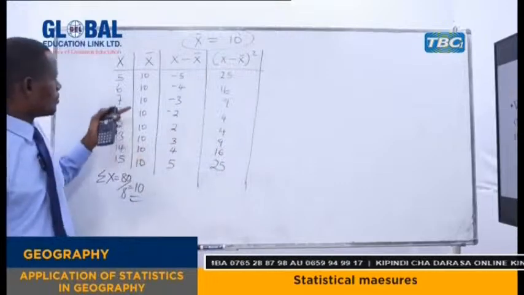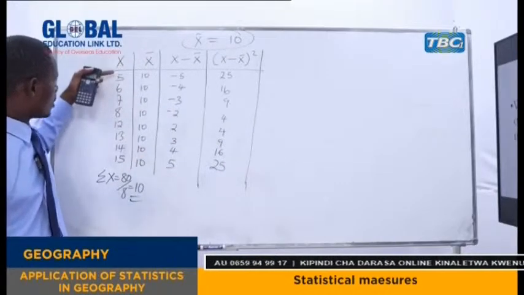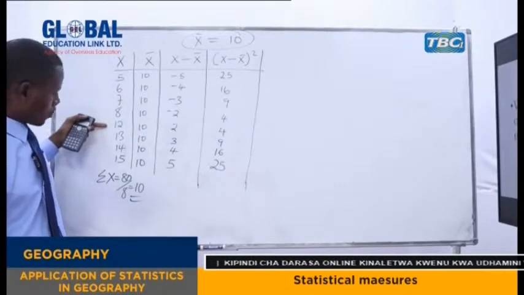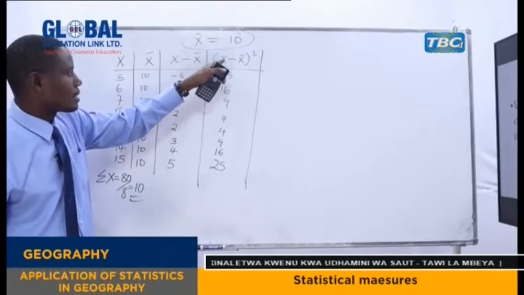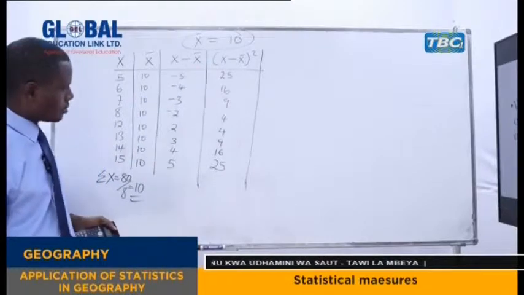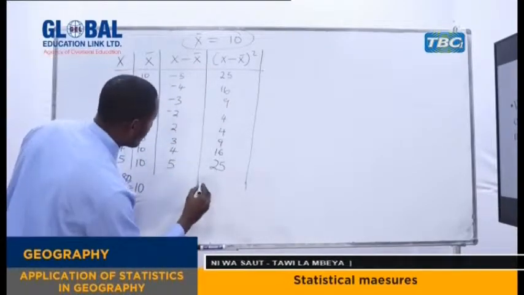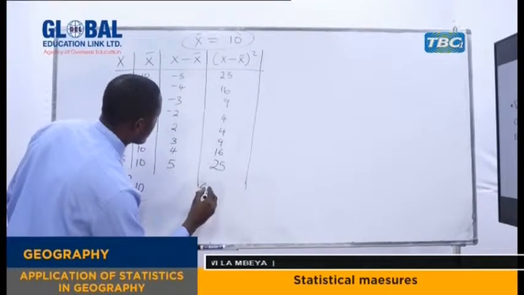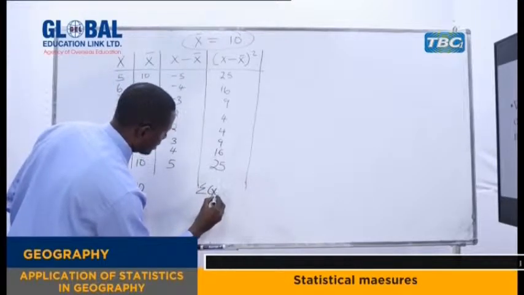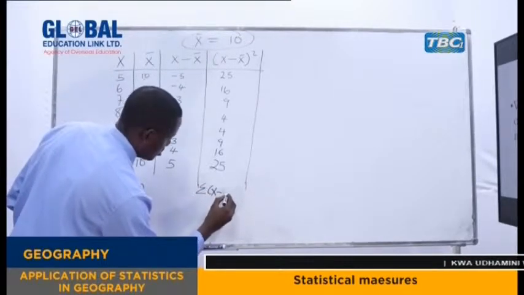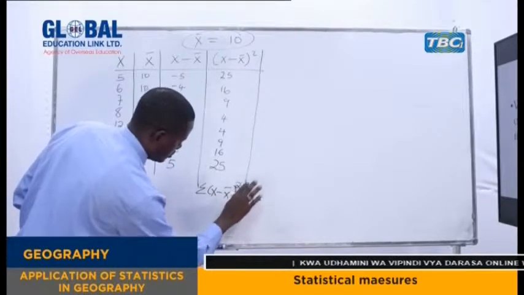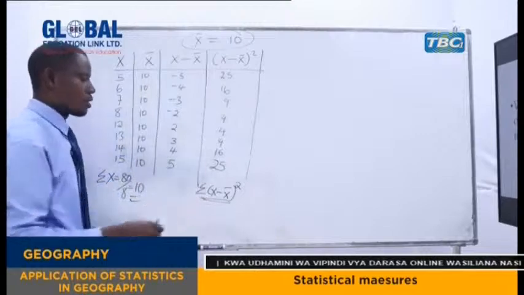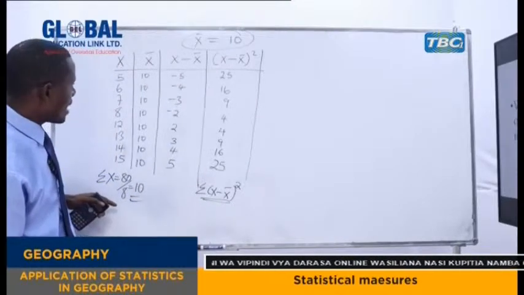Then we deduct the mean from each x. The next aspect is the last column, which is all about (x minus x bar) squared. We are much interested in the summation of (x minus x bar) squared, and then we divide by n.